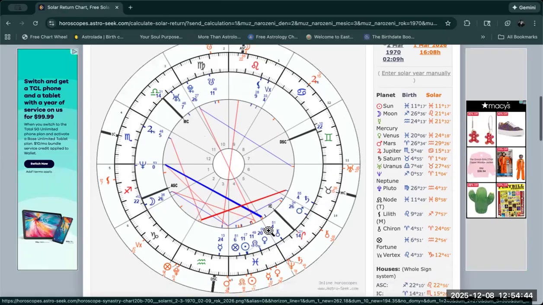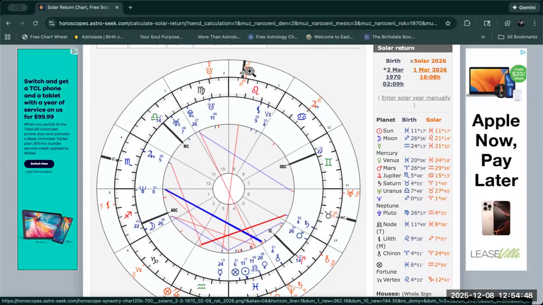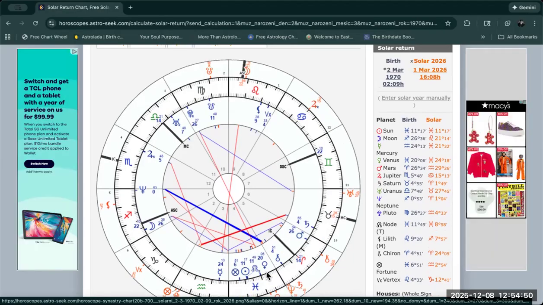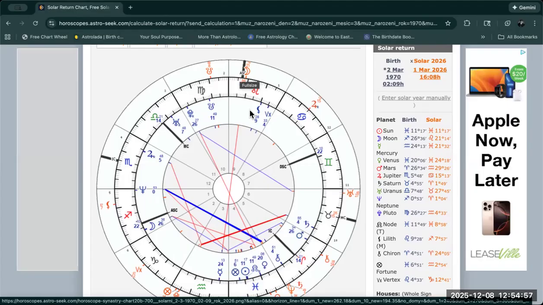And actually, since the moon is in Leo and the sun, all these planets are in the eighth house, they're also in aversion to my first solar return house.